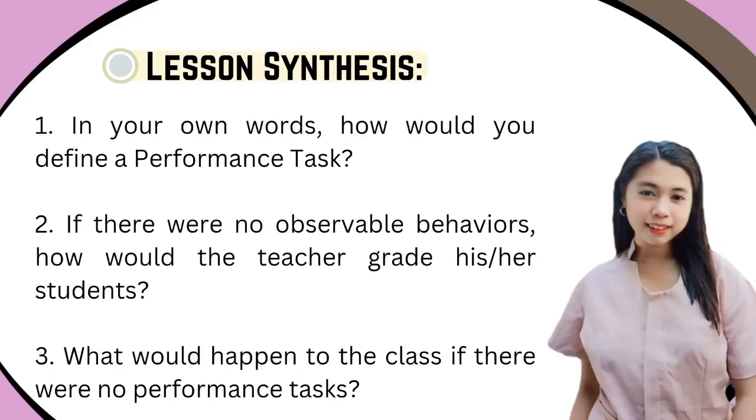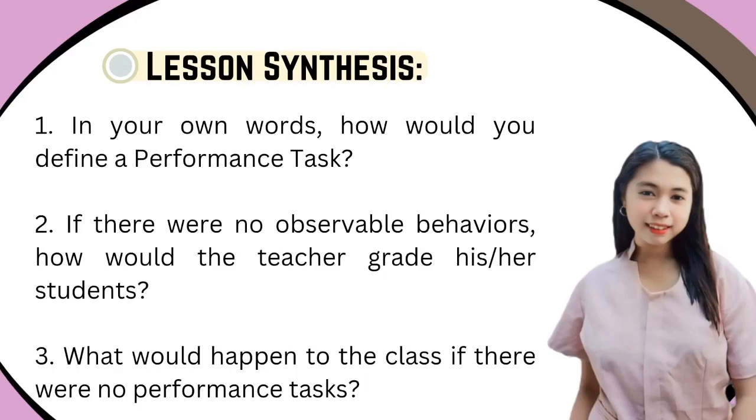The second question is, if there were no observable behaviors, how will the teacher grade his or her students? If there were no observable behaviors, grading students would become challenging for the teacher. Observable behaviors are essential in assessing student performance and determining their level of understanding.